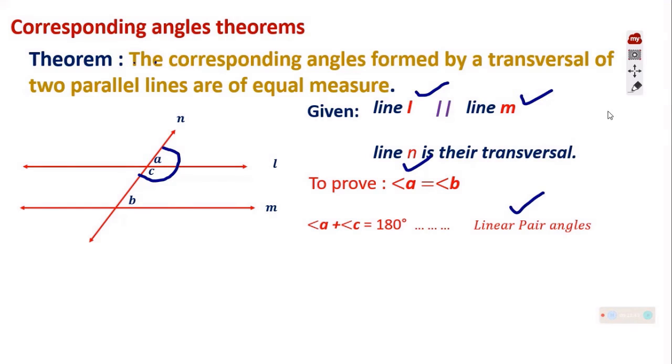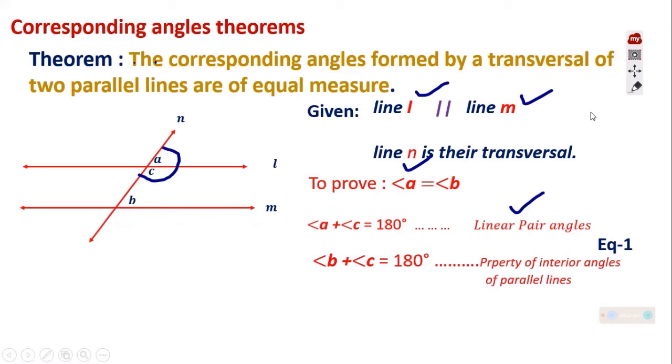We also know that angle B plus C, angle B is here and angle C is here, are also equal to 180 because they are interior angles.